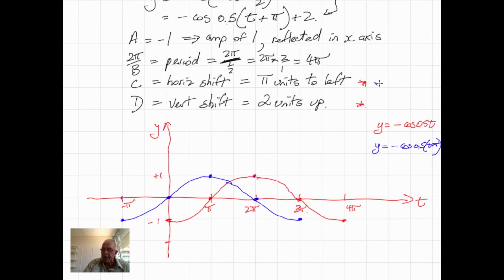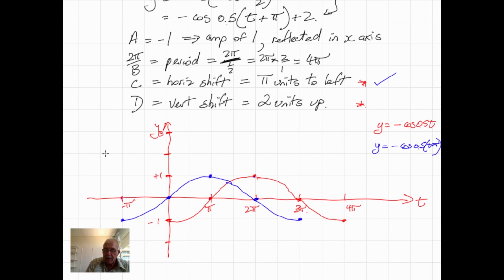We've done that now, and the last thing we want to do is the vertical shift and move everything 2 units up. My maximum here is going to go up 2 units, so it's going to go up to 1, 2, 3. The equilibrium line about which it oscillates, which was the t-axis, will move up 2 units.